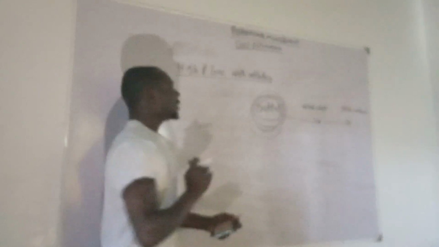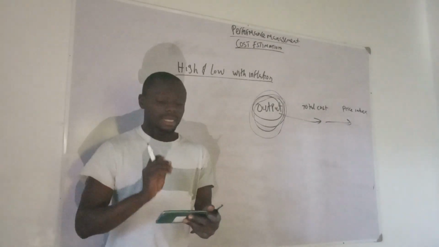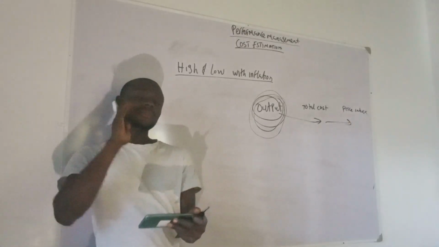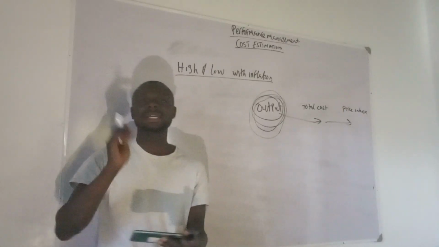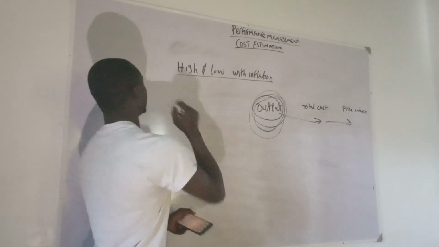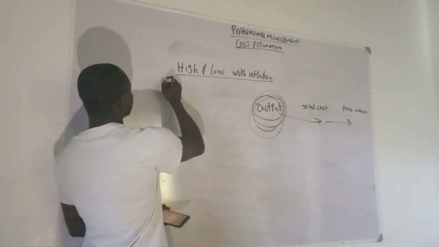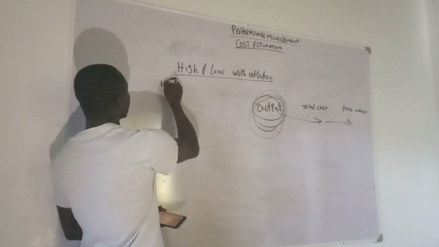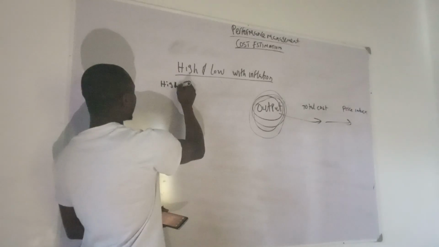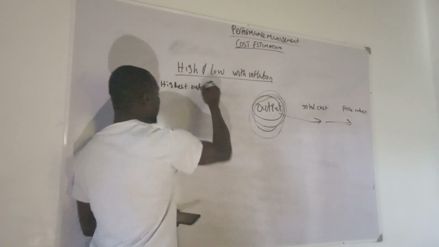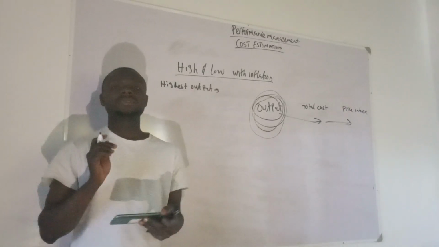Now, the first thing you need to do is that in this output, we're given data from 2012 to 2016. First, from the output, identify the highest output. What is the highest output from the unit?